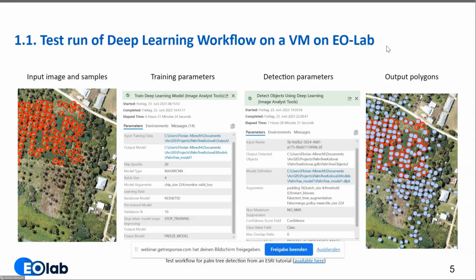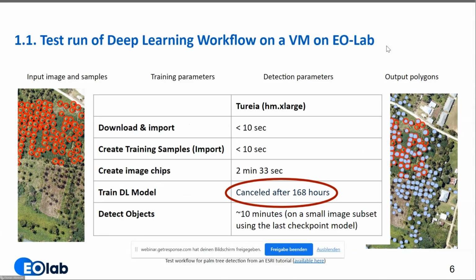So that was the first problem, because we could not choose a GPU-supported virtual machine, and instead we took the HMX-large virtual machine flavor to run this test. We did several other tests, but this one is more expressive in how you can treat a machine and try to push it and not get anywhere.